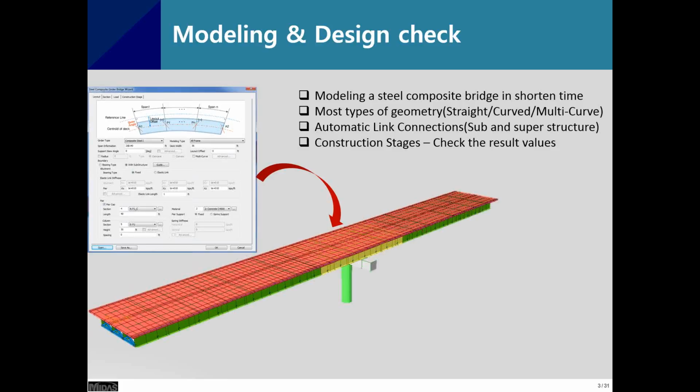Those are four important elements already built, and you can create your bridge model through the widget. That's why most of our users have used the steel composite bridge widget. And also today's modeling example is a steel composite bridge made by using the steel composite bridge widget.